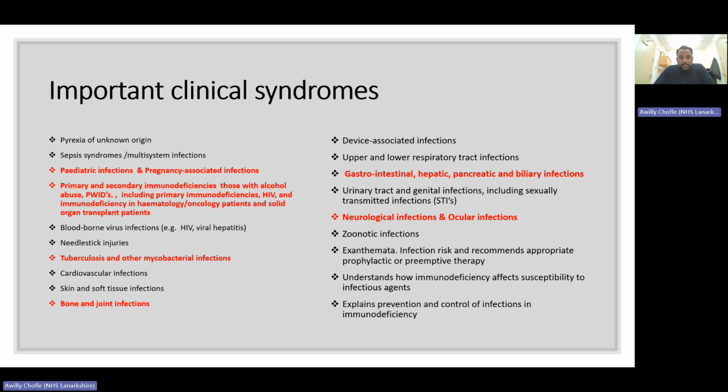Cardiovascular infections, skin and soft tissue infections are very common. Bone and joint infection is also common. Then gastrointestinal and hepatic, pancreatic, biliary. The way they usually shape the question on these infections is, are you aware of some of the clinical syndromes where antibiotic is not the primary management? Things like necrotizing pancreatitis. Are you aware of that? That will be a question.